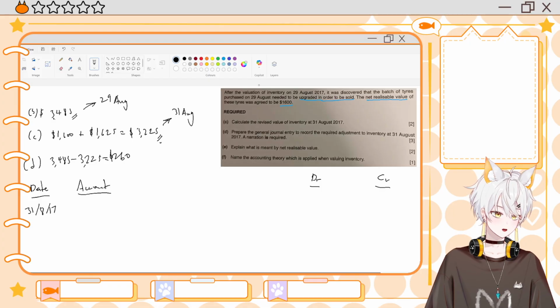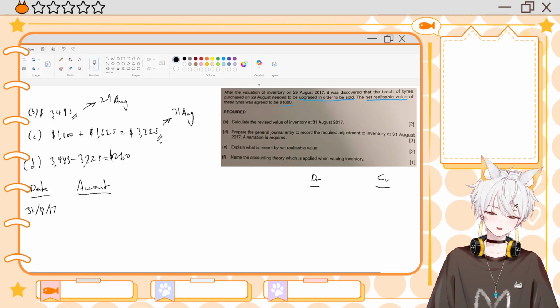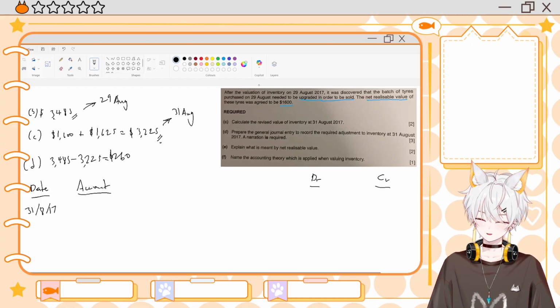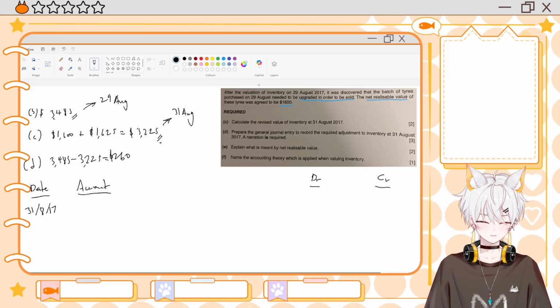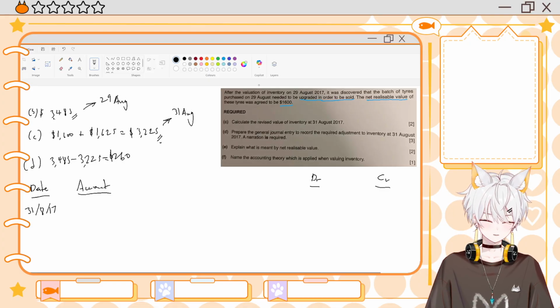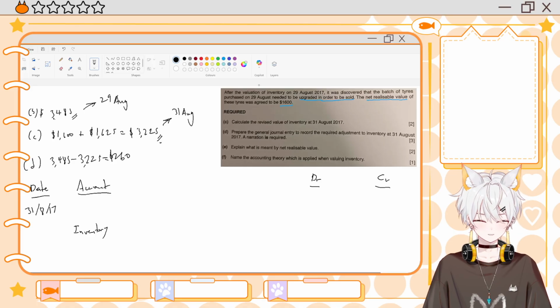When inventory decreases, do you debit or do you credit inventory? Credit inventory. Okay. Usually the accounts that you debit, you write above. So this one you credit.